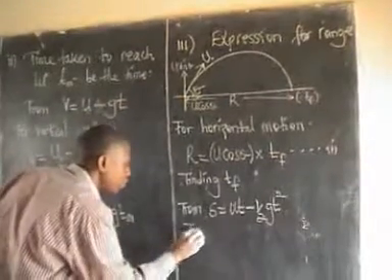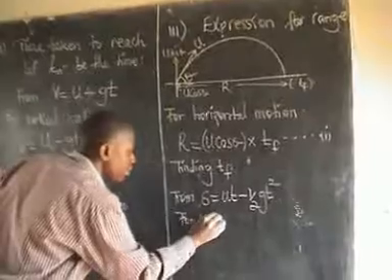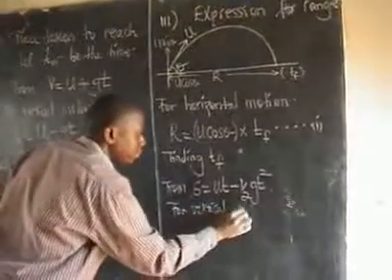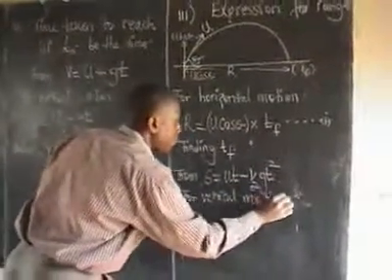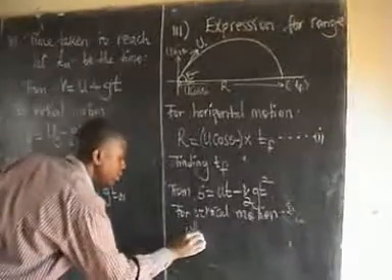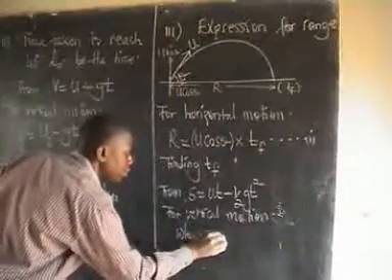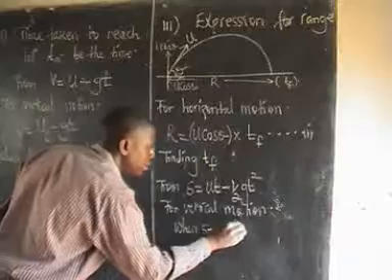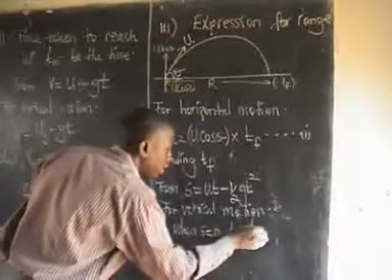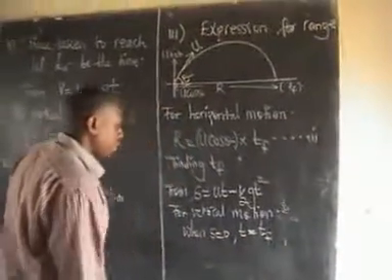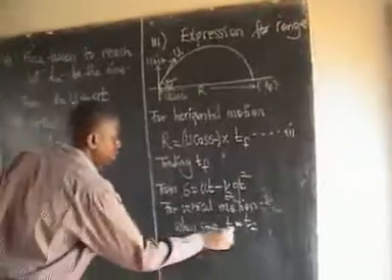So for vertical motion, when s is equal to 0, then this time t is going to be our time of flight, which I have called tf.